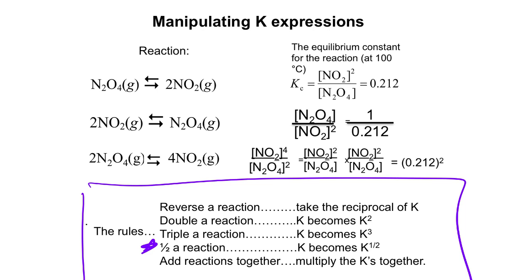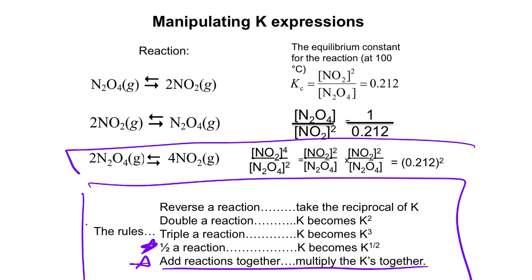And this is a good one: if we add the reactions together, you multiply those K values together. That's essentially what's happening in this example, where we have N2O4 in equilibrium with 2 NO2, that reaction plus itself to get this. And so we're multiplying those K values together.